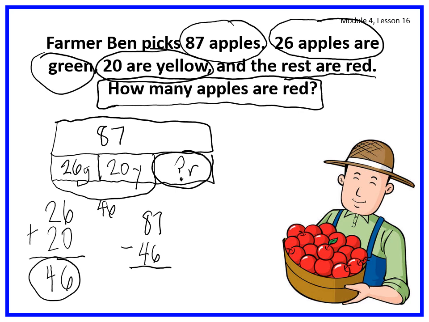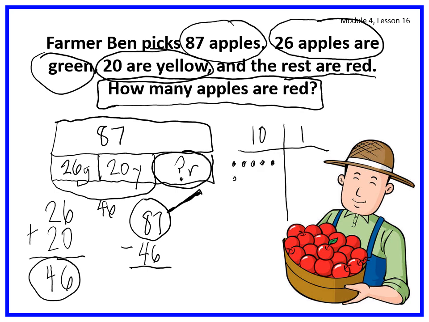This time I'm going to use a place value chart to help with my subtraction. So because 87 is that whole, I'm going to be the detective and pull that number out. 87. So 10, 20, 30, 40, 50, 60, 70, 80, 81, 82, 83, 84, 85, 86, 87.